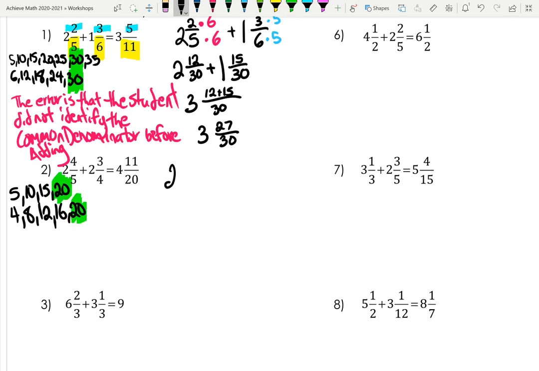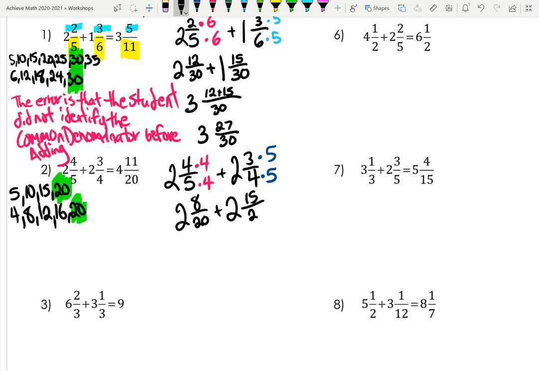So now I'm going to go ahead and change 2 and 4/5. 20 is the 4th term of the multiples of 5, plus 2 and 3/4. Out of the multiples of 4, 20 is the 5th term. So now I'm going to go ahead and multiply, and I get 2 and 16/20 plus 2 and 15/20.